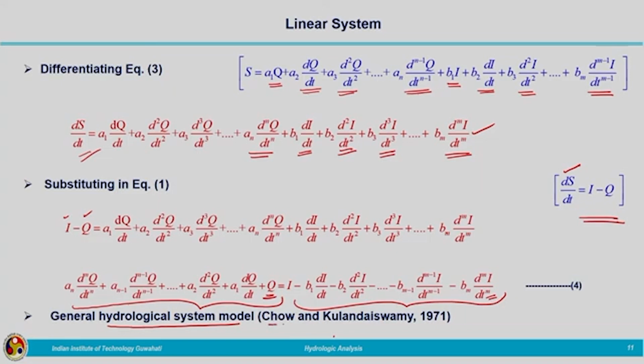This has been proposed by Chow and Kulandaiswamy. So, this is the general representation of a linear hydrologic system. In this, the storage component is expressed as a linear equation which is a function of input and output, inflow I and outflow q, and their derivatives.